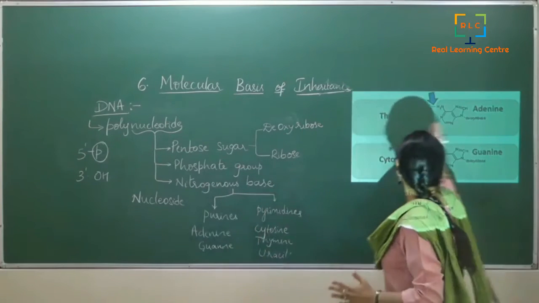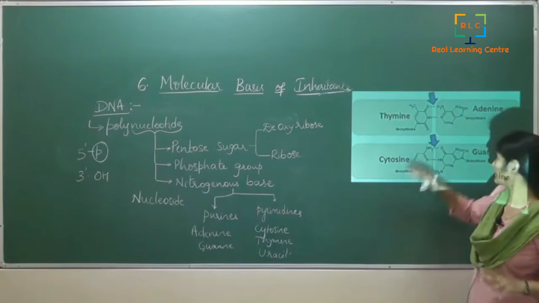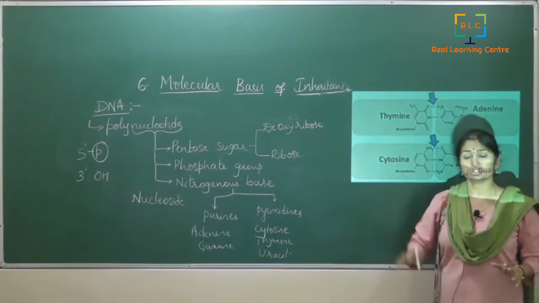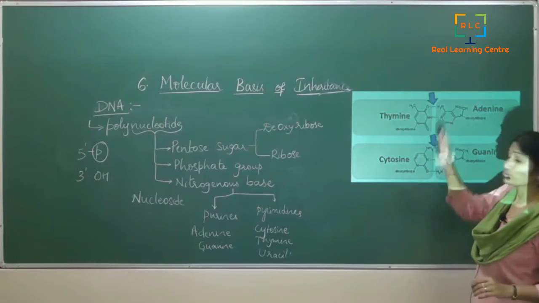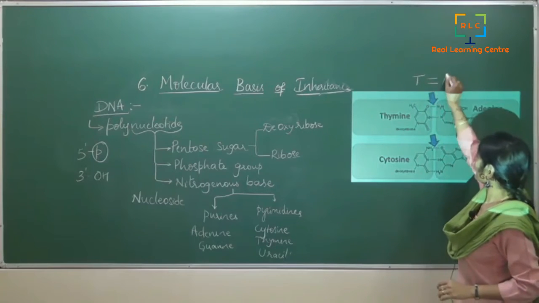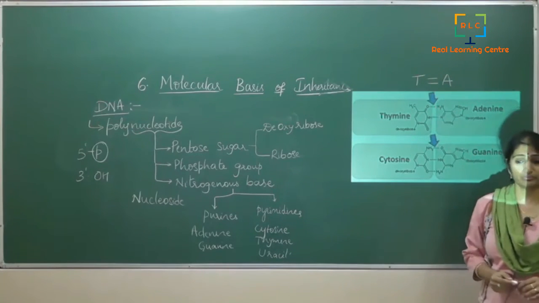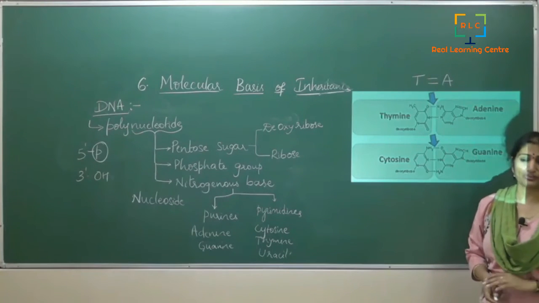Whenever there is thymine on one polynucleotide chain and adenine on the other polynucleotide chain, there is some kind of affinity between them. They come together, and when they form a bond, there are two hydrogen bonds formed between them. So A pairs with T. Beautiful, right?